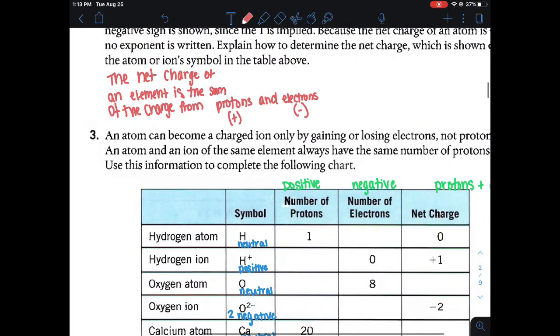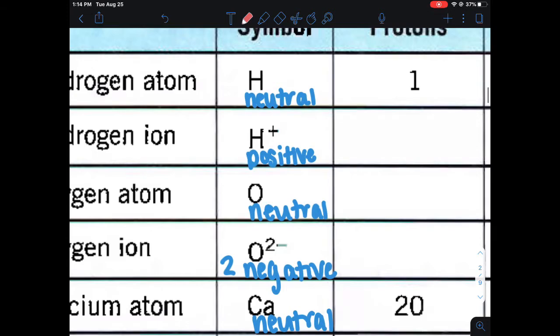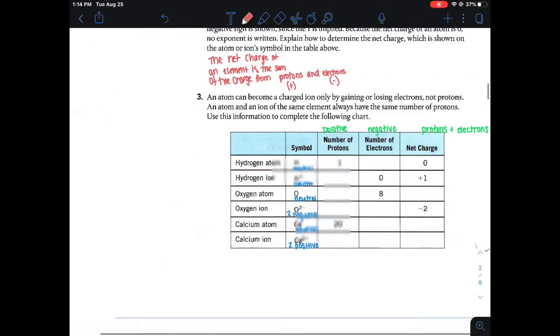Number 3, an atom can become a charged ion only by gaining or losing electrons, not protons. An atom and an ion of the same element always have the same number of protons. Use this information to complete the following chart. Okay, so I've already included whether it's neutral, positive, negative, how much it's negative by, how much it's positive by.